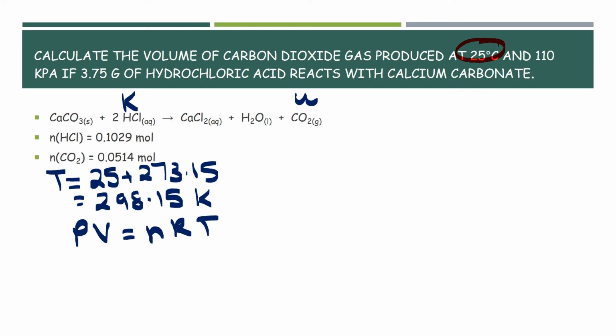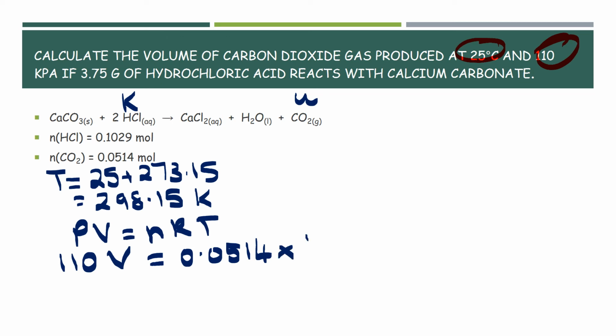We know the pressure was 110 kilopascals, so 110. We don't know the volume. We know the moles was 0.0514 moles. We go to the gas constant we get off our data sheet, which was 8.314, and the temperature we've already calculated is 298.15.